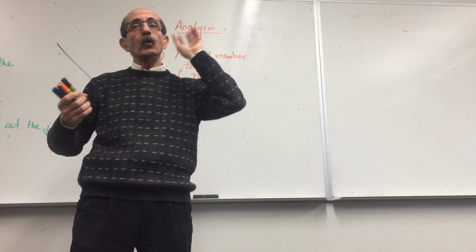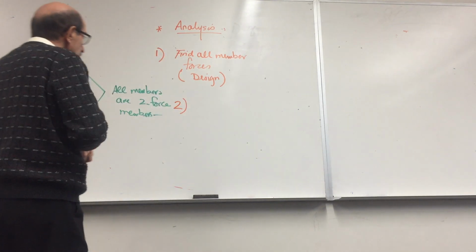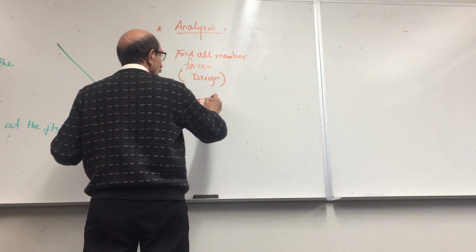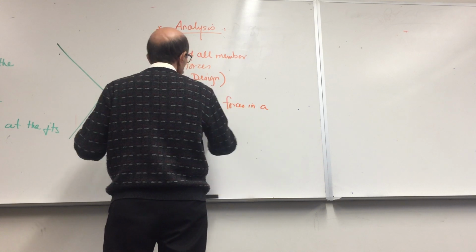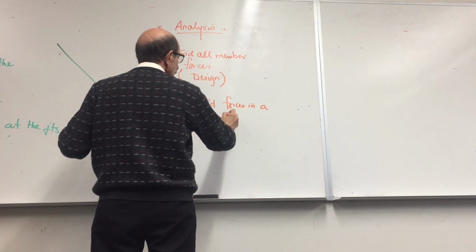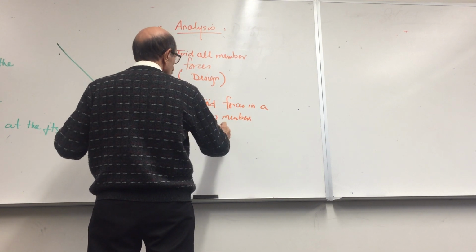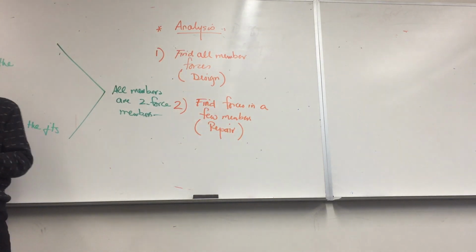You want to find only the forces in those members that you want to replace. So you want to find forces in one or a few members. This is the case which I call the repair, when you are repairing a structure.